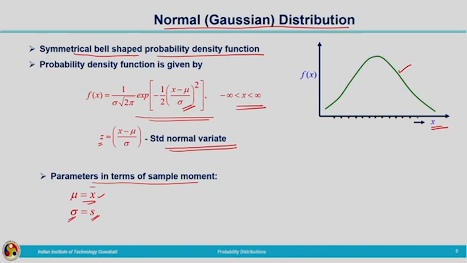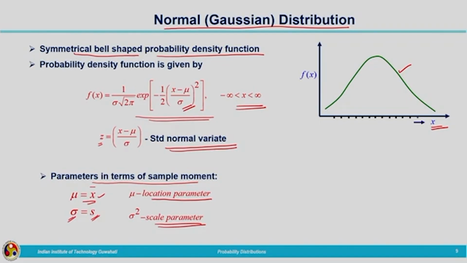In this case, mu is the location parameter and sigma square, that is the variance, is the scale parameter. Mu is representing the average value, and the variance sigma square is representing the dispersion in the data.